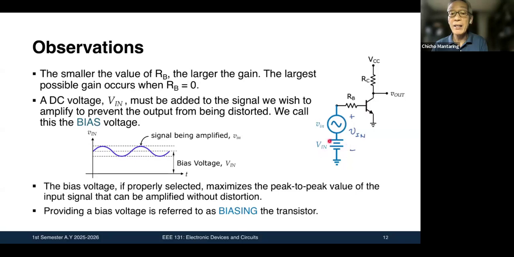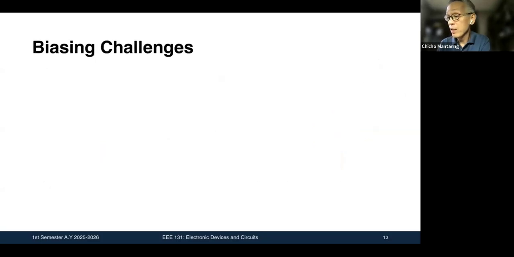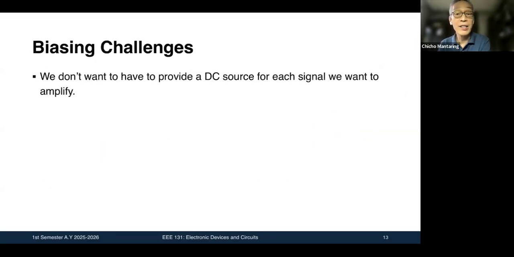We have to provide this DC source. Now we don't want to have to do that for all signals we want to amplify. No? So for example, if I had a multiple input signal circuit, I would have to provide the same number of DC signals to properly bias all of these input transistors. No? So that's the first challenge.